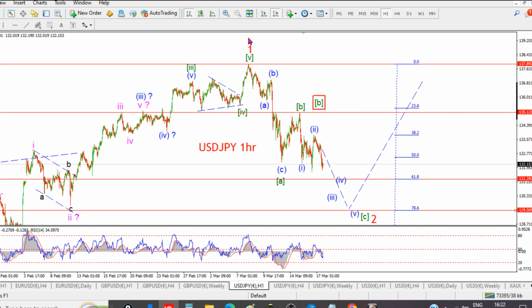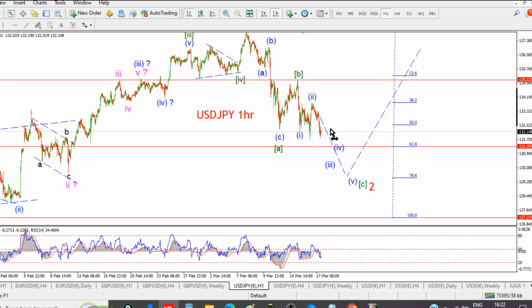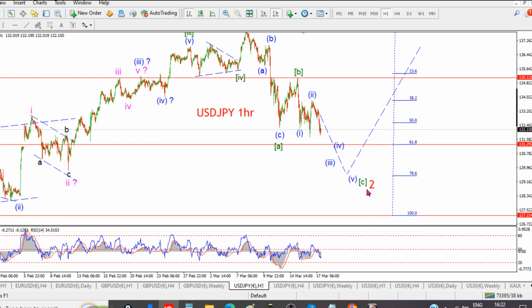Dollar yen, I think we've got a wave 1 done. I think we're in the middle of wave 2. So we've got wave A and B done, and I would like to see a 5-wave decline into wave C of 2. And I am looking at probably about 129 or so to complete this decline.